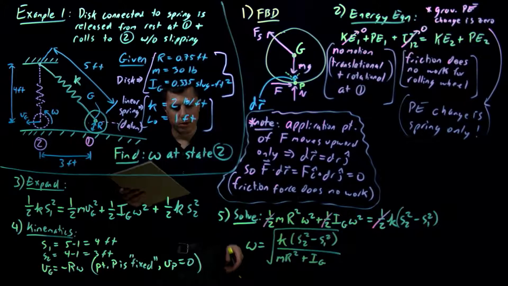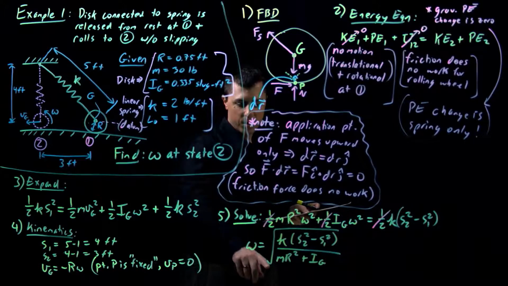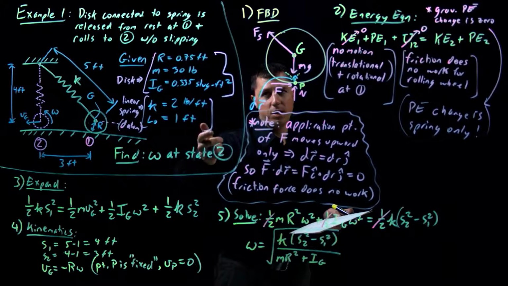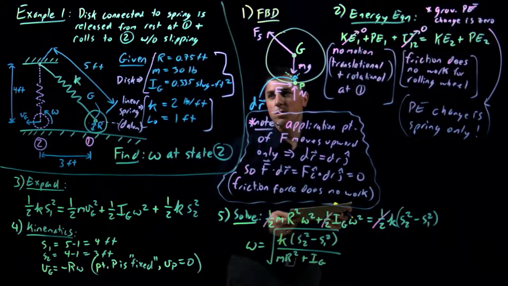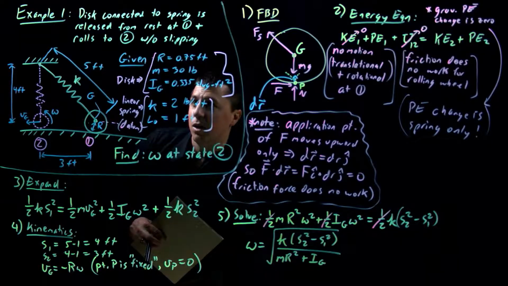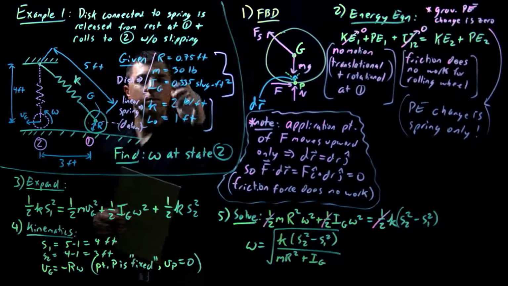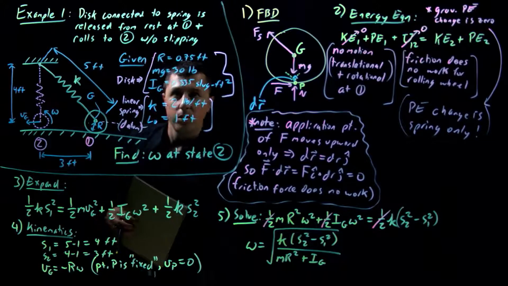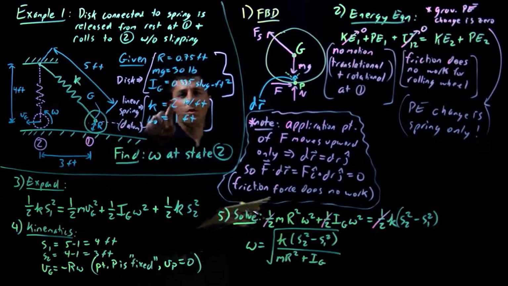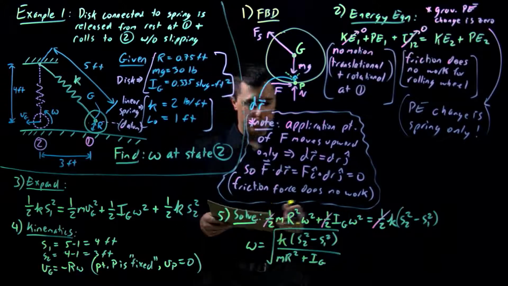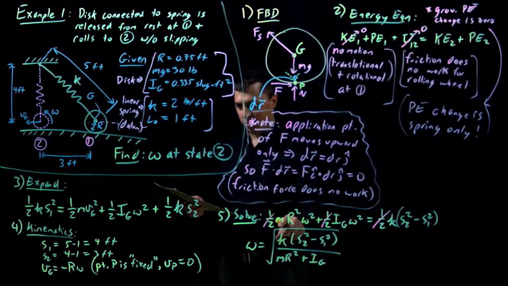The only one is, remember that the mass is not 30. To get it into slugs, and I did write m, this should have been mg there. To solve for the mass, we need to divide 30 by 32.2 for our acceleration due to gravity.